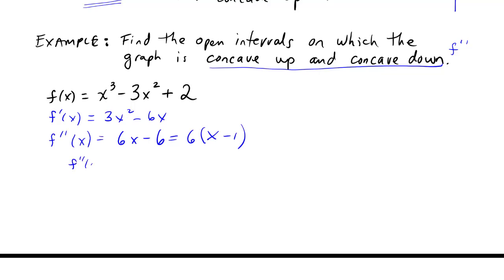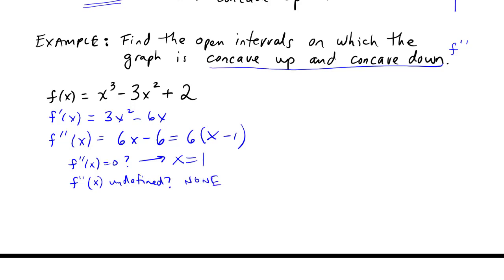So let's say, when is the second derivative equal to 0? And when is the second derivative undefined? Well, when's it equal to 0? x equals 1. When's it undefined?